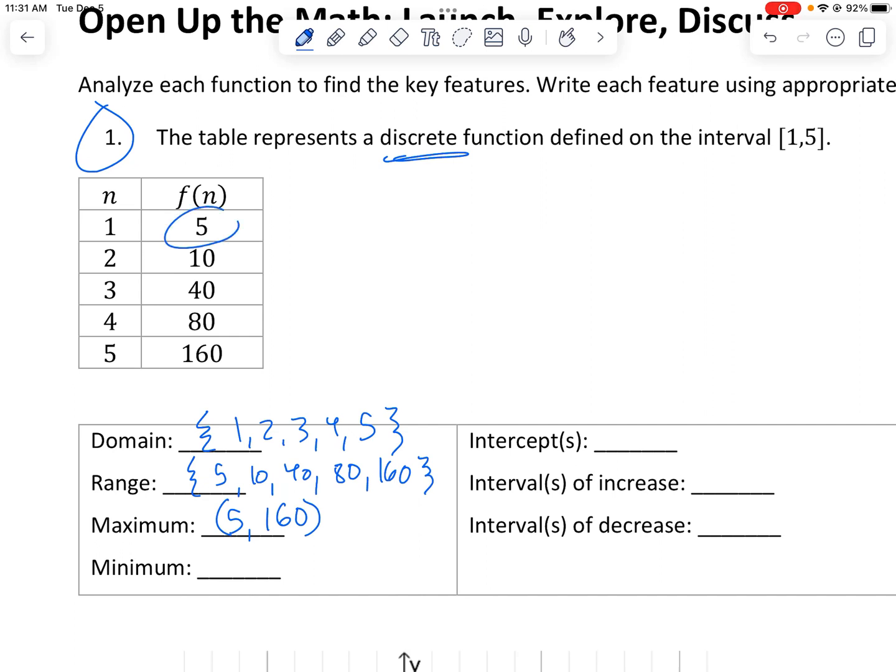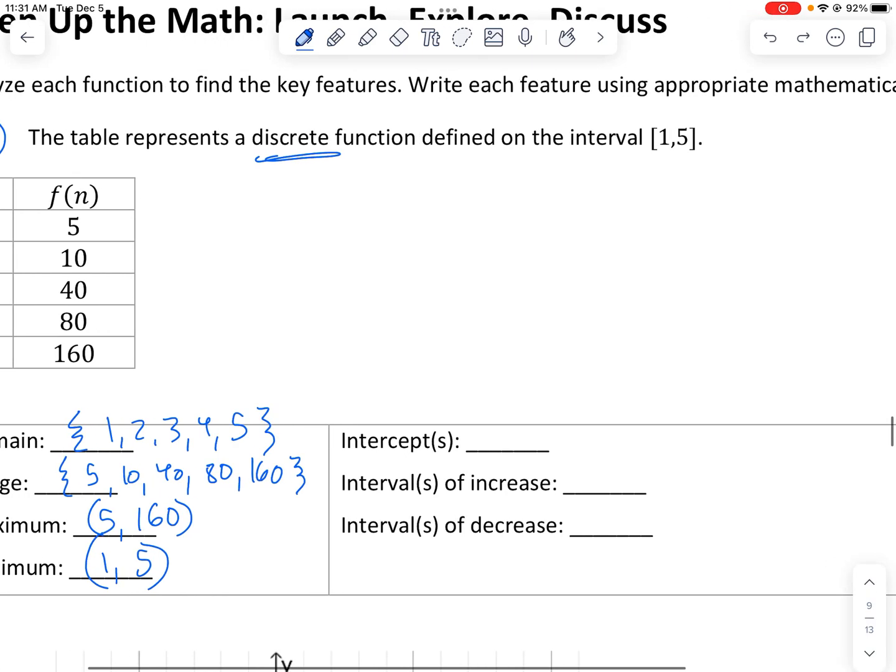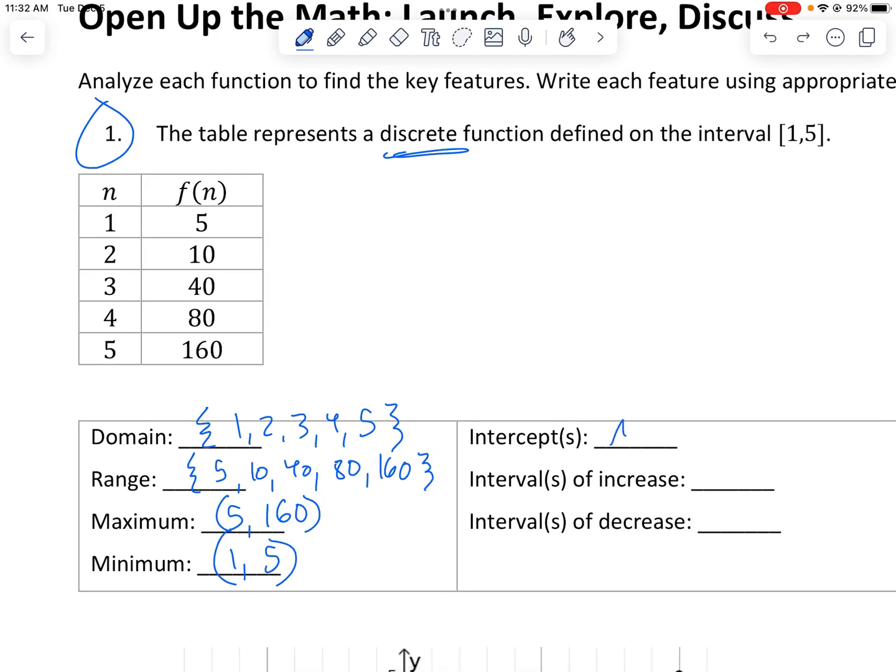And the minimum is just the lowest y value, so that's when n is 1. So you got 1 and 5. The intercepts, that's going to be when your x is 0 and when your y is 0. Right, hits the y-axis, hits the x-axis. Since this one is strictly defined on this interval, it actually doesn't have any intercepts, because it never actually reaches 0 in either the n or the f of n.